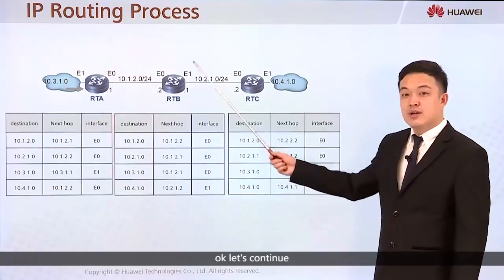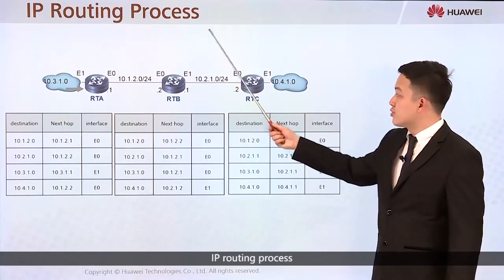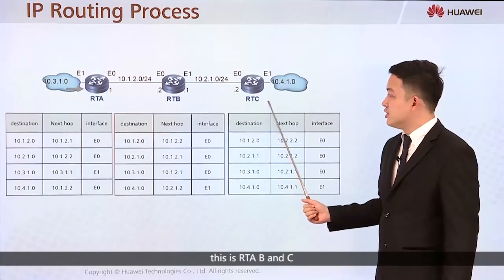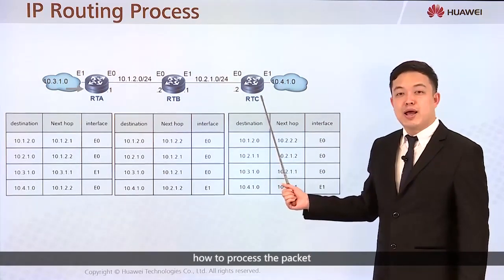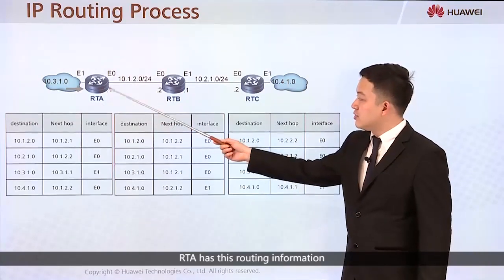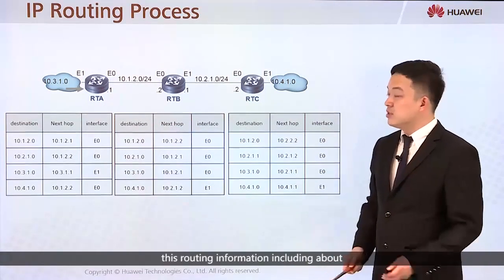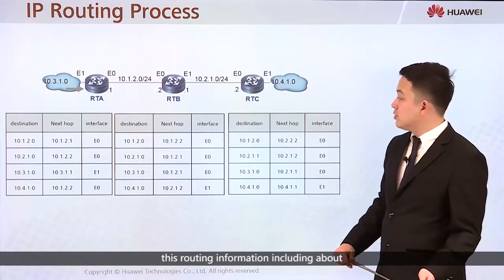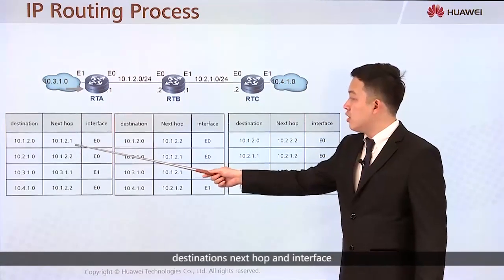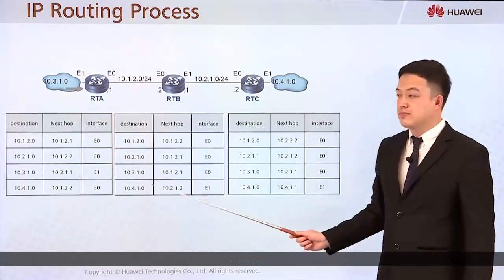Okay, let's continue with the IP routing process. This is RTA, B, and C. How do they process the packet? RTA has this routing information, including the destination, next hop, and interface.